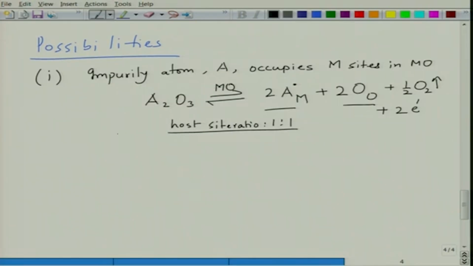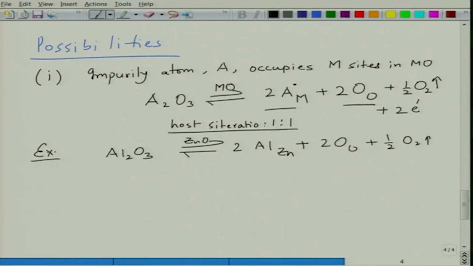So, just like example could be, if you have Al2O3 which let us say goes into ZnO, what will happen? This is 2 Al going to zinc site. So, this is example, plus 2 oxygen going to oxygen sites, and another oxygen goes out, and then 2 electrons.